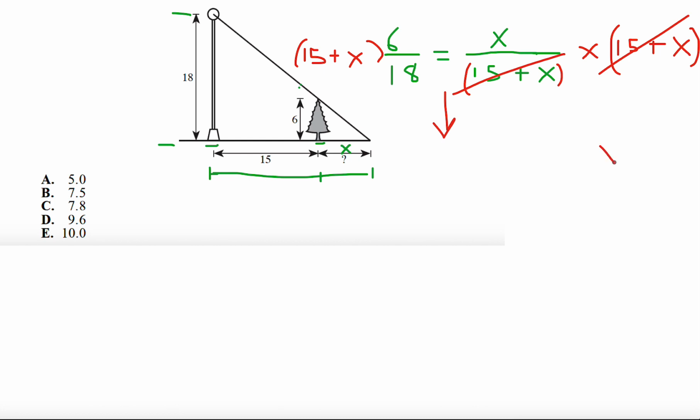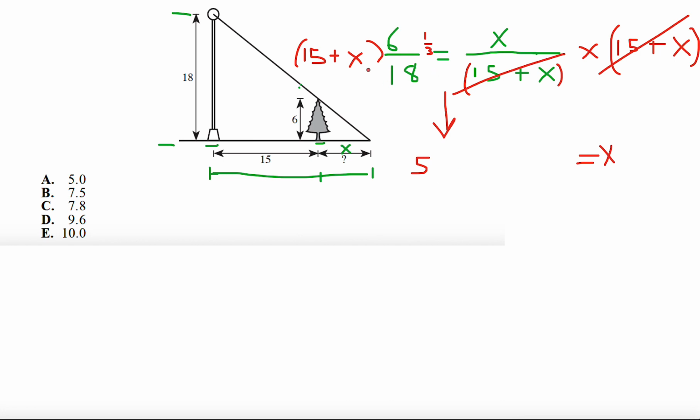And so simplifying further, we get x is equal to, and then we can distribute this. 6 over 18 we can simplify to be 1/3, just to make the problem easier on ourselves. So 1/3 times 15, this should be 5. It'll essentially be 15 divided by 3, which is 5.